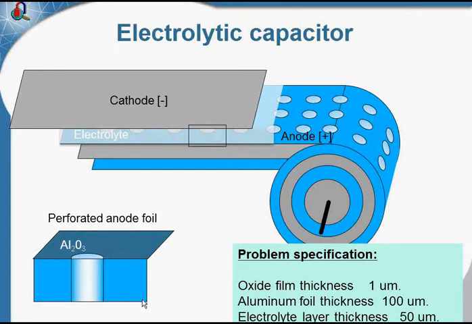The anode foil thickness is about 100 microns and the oxide film thickness is only 1 micrometer. But first we will simulate the simple case with smooth anode foil without perforation. We'll simulate this small area.